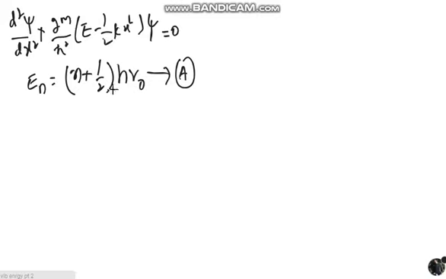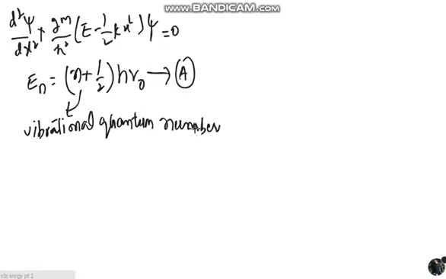Here mu naught is the frequency and h is the Planck constant. We call n the vibrational quantum number. It gives us information about the vibrational energy level, and its values can be 0, 1, 2, and so on. So in equation A we can put different values of n and get different energy levels.